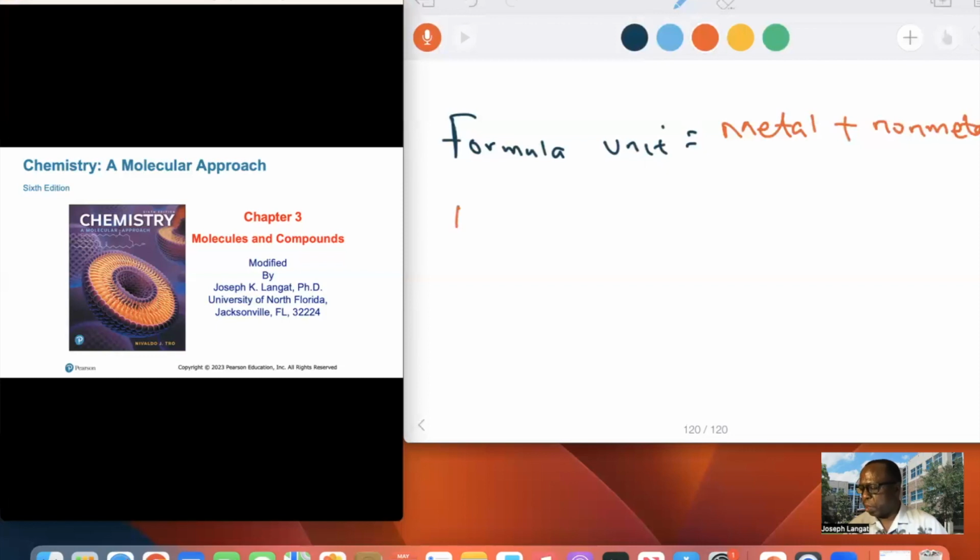For example, sodium chloride has only one sodium and one chloride ion forming the compound sodium chloride. We call this a formula unit, just to give you a heads up, drawing a parallel between a formula unit and a molecule.